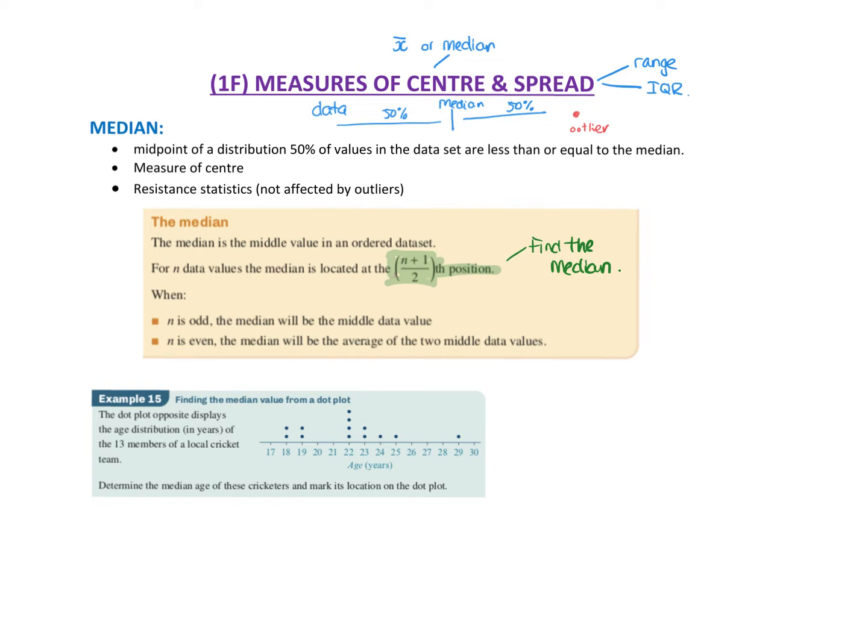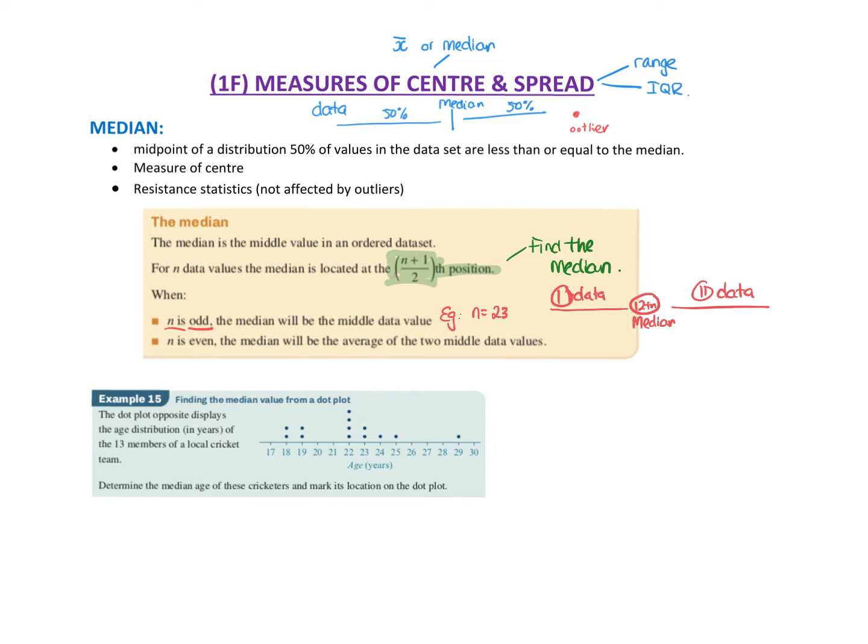So let's put in a little example: say n equals 23. The 12th value would be the median, with 11 data before it and 11 data after it. 11 plus 11 is 22, plus this 12th one makes 23. That's how it works when you have an odd n.